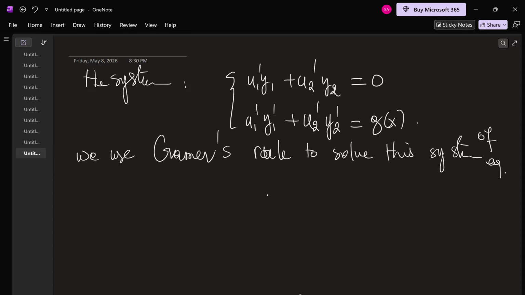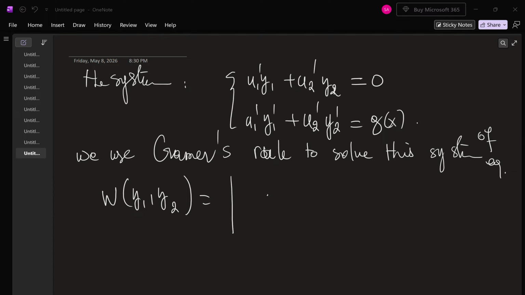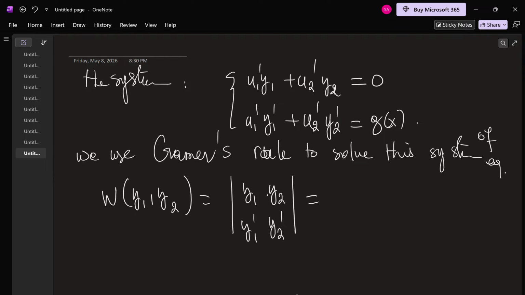So the Wronskian of the solutions y1 and y2 is simply the determinant of y1, y2 and y1 prime, y2 prime, and this is actually equal to y1 y2 prime minus y1 prime y2. Okay, so this is the Wronskian of our homogeneous solutions to the equation.